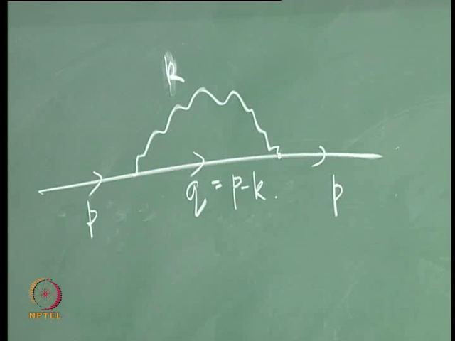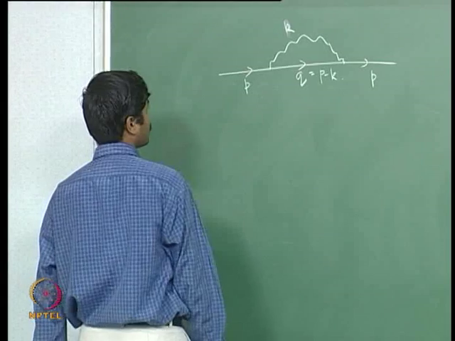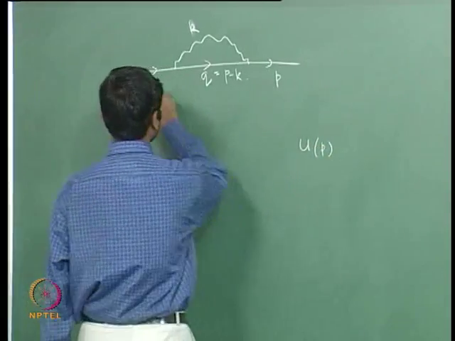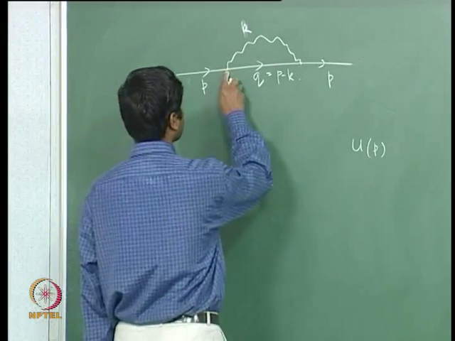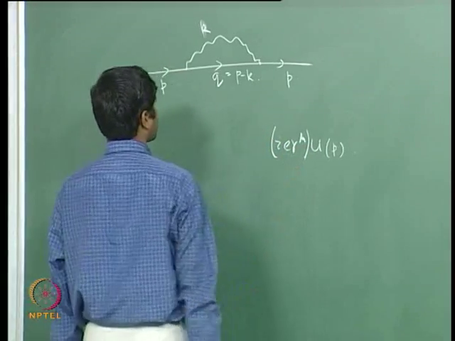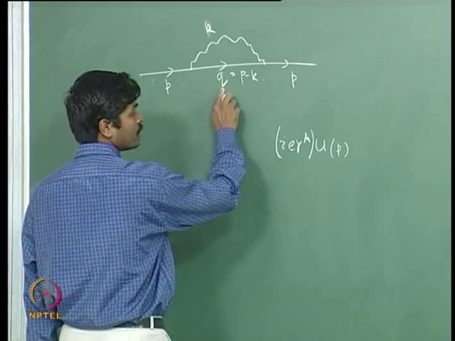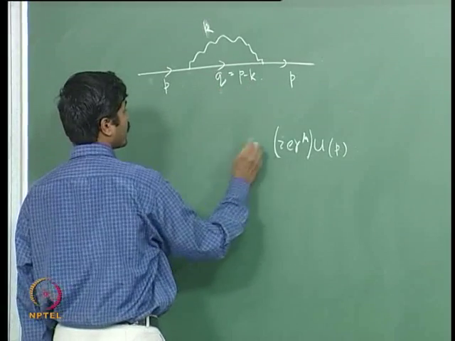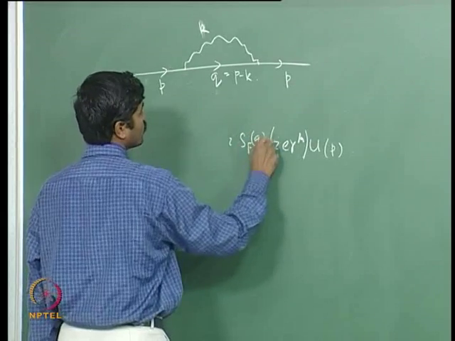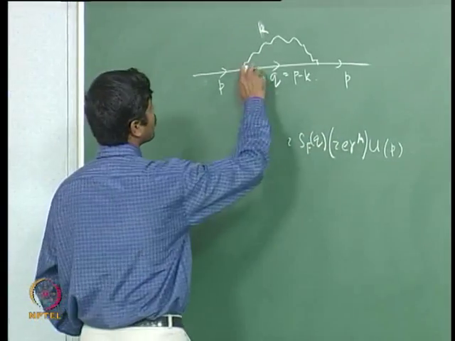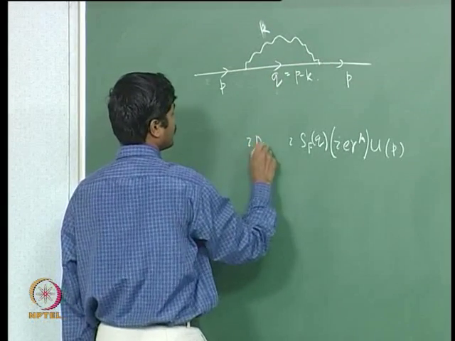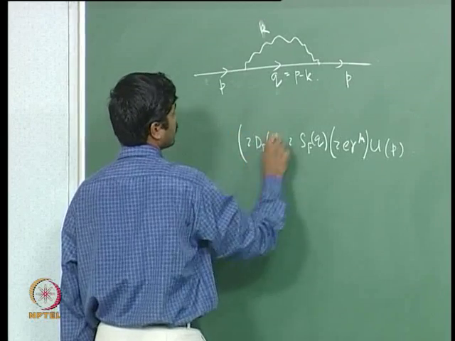So, what is the amplitude for this process? You write again u(p) for this, then you have an interaction vertex i e γ^μ, you have a fermion propagator which I will write as iS_F(q), then you have a photon propagator which I will write as iD_F(k)_μν.